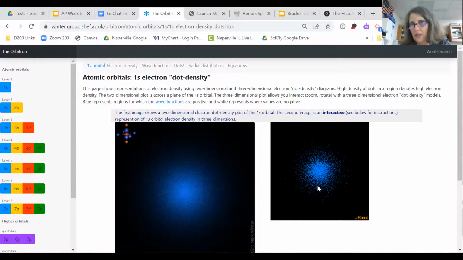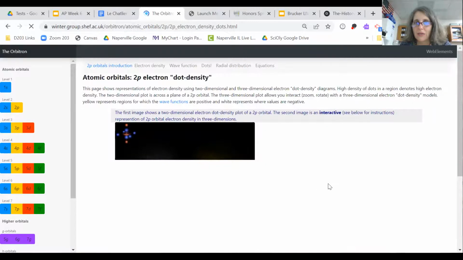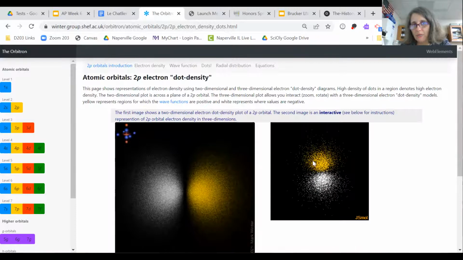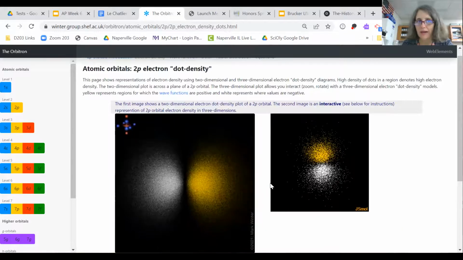So again, this is why they are representing the s orbital as essentially a sphere, because you can predict 90% of the time those dots are going to be in that sphere. Where it gets a little more weird to find is the p orbital. Again, you could then predict that electron is somewhere in that space, either on the x or the y or the z axis. So that's just a way to represent what the orbital looks like. So all we're trying to do is look for the electron. That's what we are trying to do.